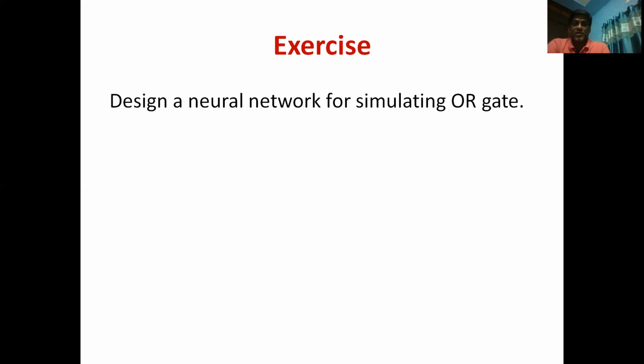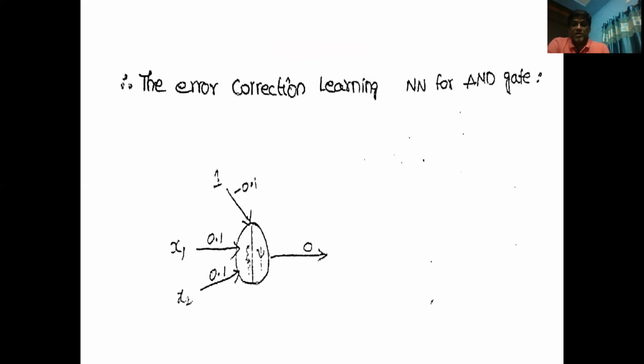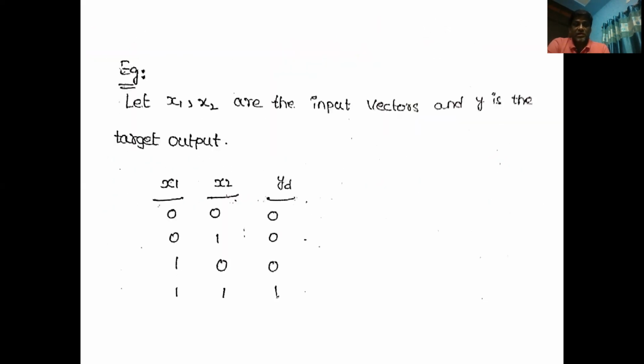Now here is an example exercise to test yourself whether you understood it properly or not. Design a neural network for simulating the OR gate behavior. That means you are going to take this truth table, 00, 01, 10, 11, but the desired responses will be 0 here and 1s here.